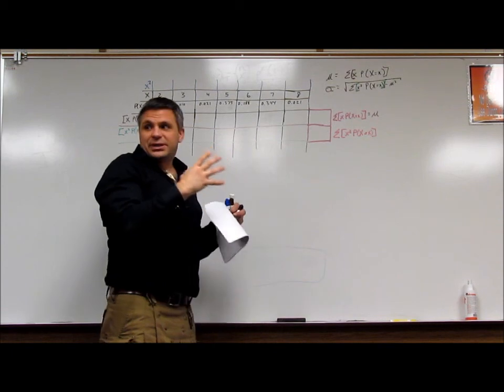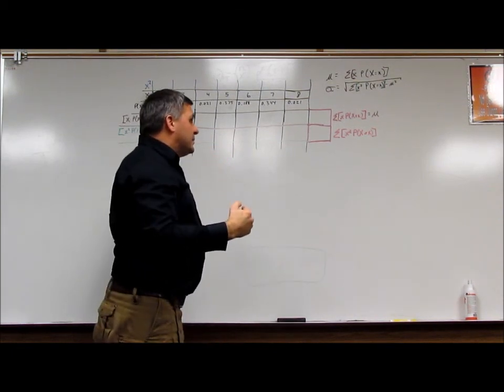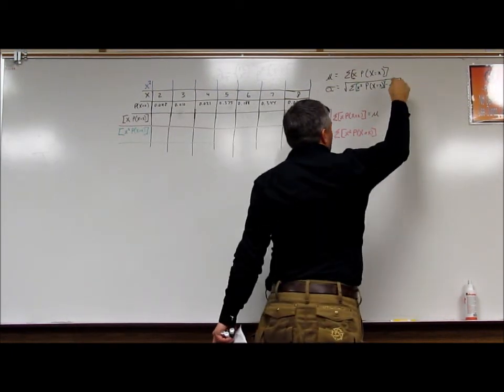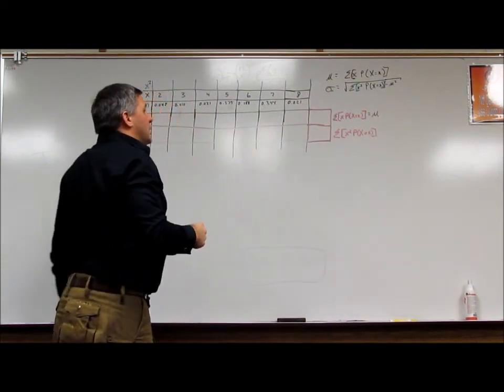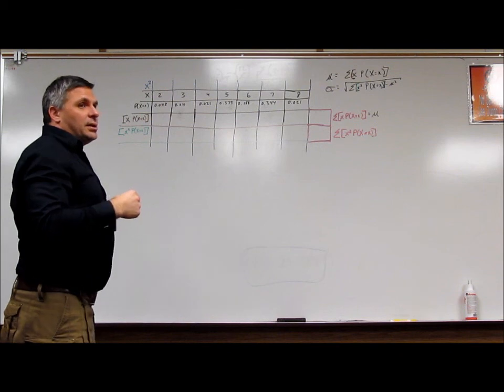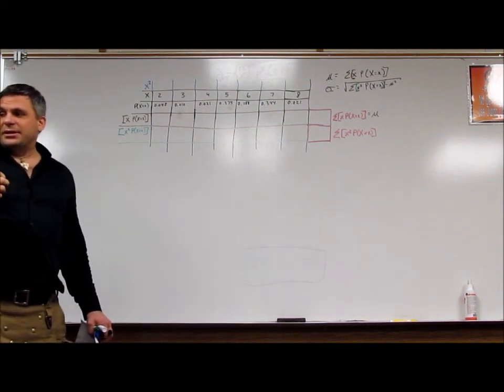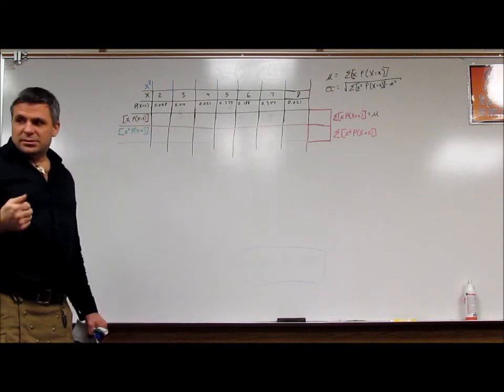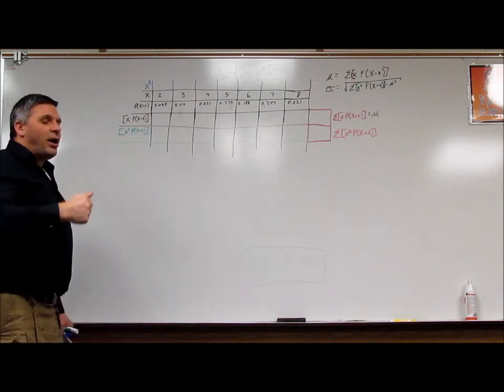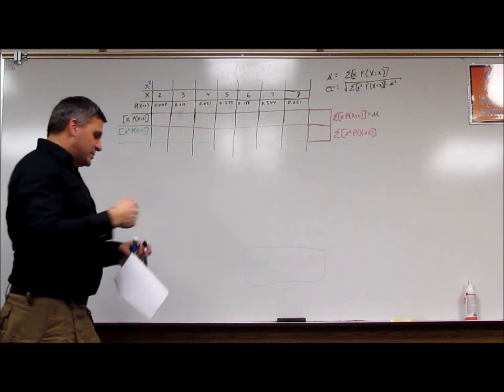It's going to be that whole sum minus mu squared. So minus the population mean of the random variable squared.